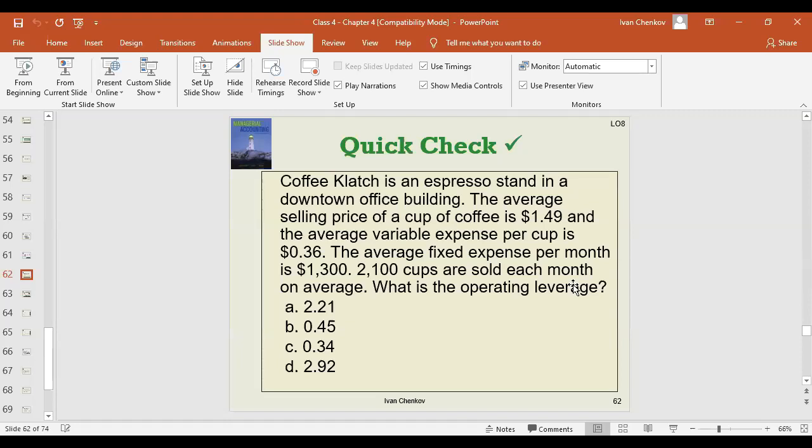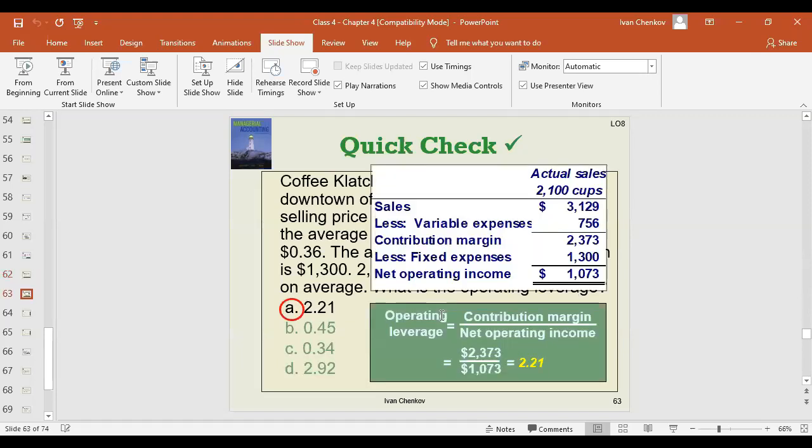The answer is 2.21. I need confirmation on that number. 2.21, yes. Remember this number, 2.21. So, question for you: is it possible for this number to be less than 1?